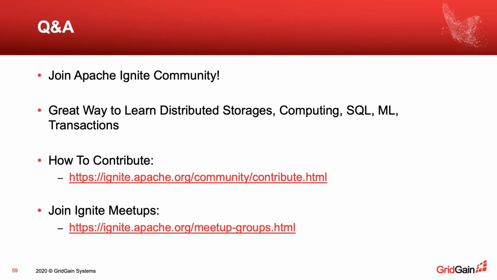Unfortunately, not. There are some tracing capabilities in the product called GridGain Control Center. This is a new product we have released just a few months ago, which is a monitoring tool for Apache Ignite and GridGain clusters.